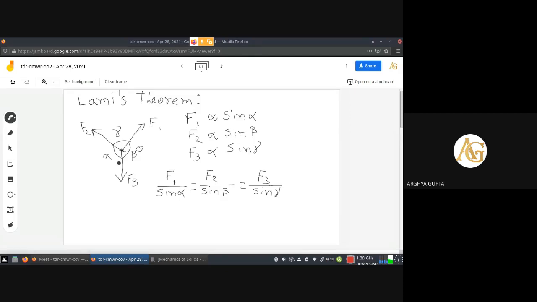Lami's theorem says that each force is proportional to sine of the angle between the other 2 forces. F1 is proportional to sine alpha, F2 sine beta, F3 sine gamma, and if the proportional constants are the same for all three cases, then from Lami's theorem F1 by sine alpha equals F2 by sine beta equals F3 by sine gamma.